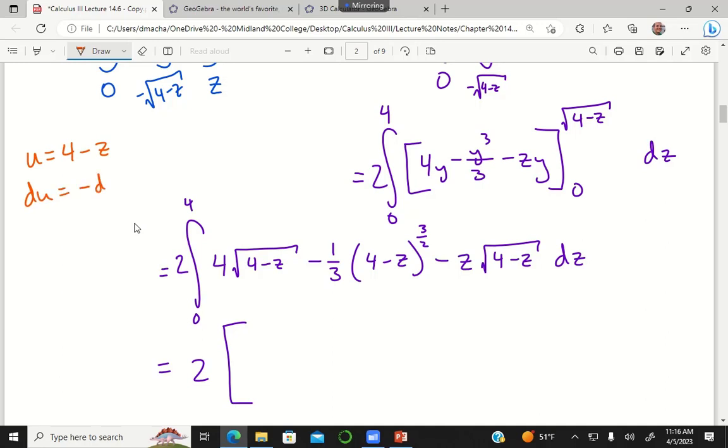This is just going to give me a negative, and then I'll have 4 times the root of u minus 1/3 times u to the 3/2 minus 4 minus u times the root of u du.